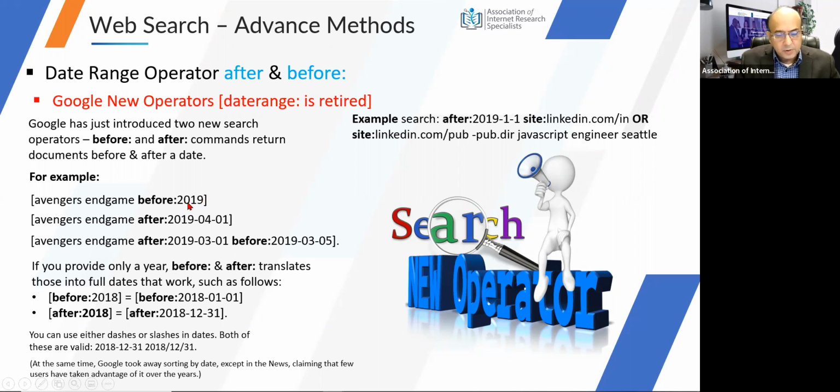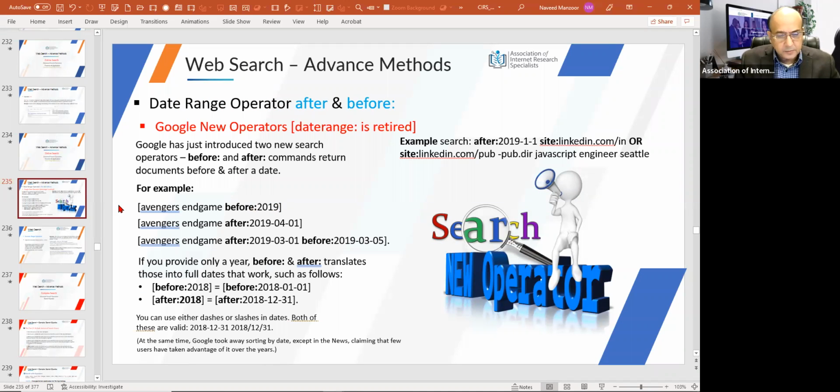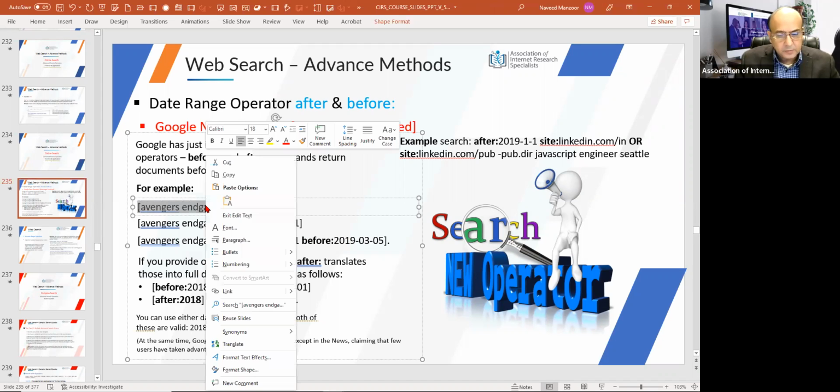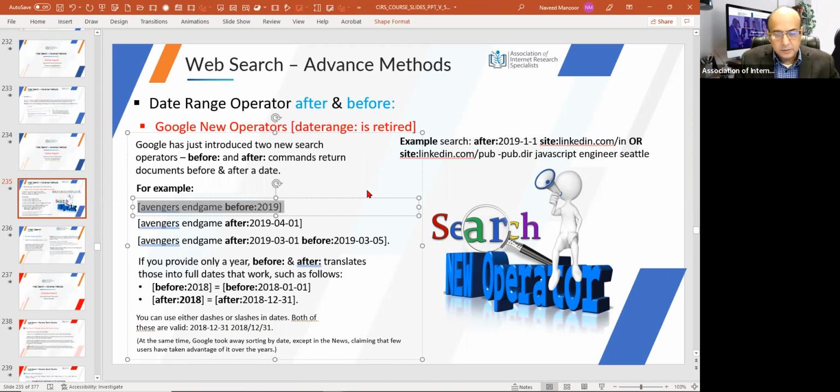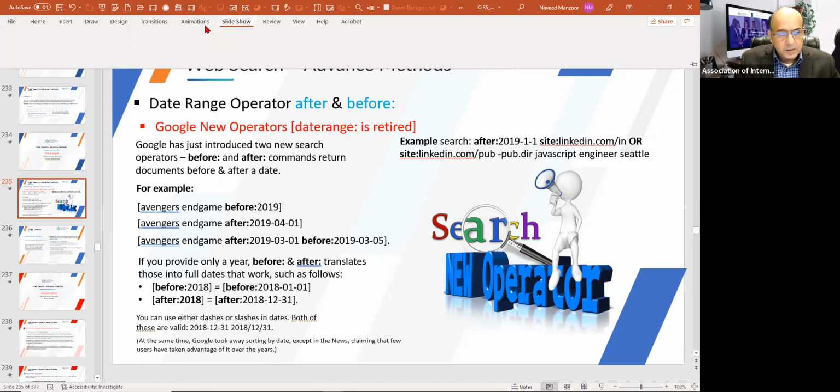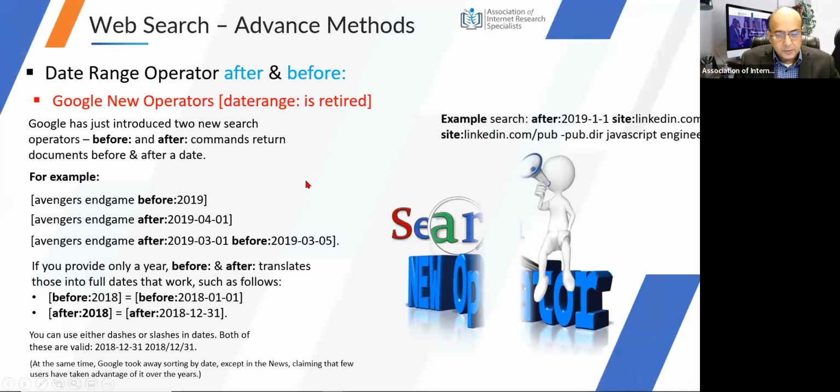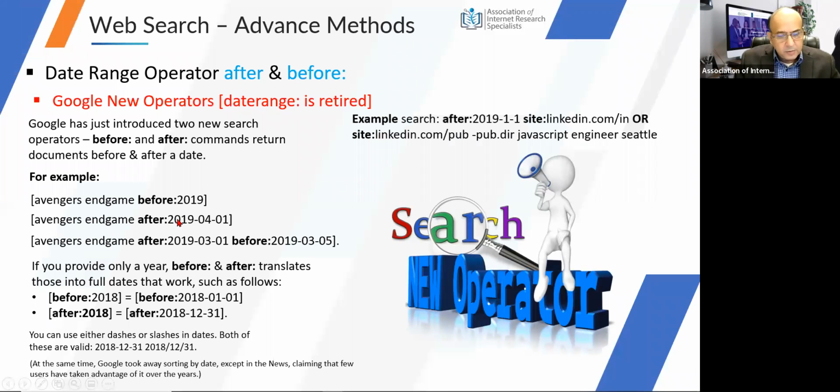So if it was something of the sort, let me just copy this. In fact, let's continue with this one. Let's suppose I wanted to write after. I'm still going to use the same convention. It's going to be the year first, then the month, and then the day.